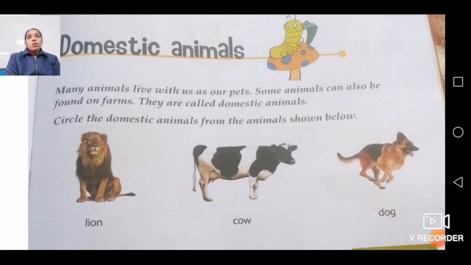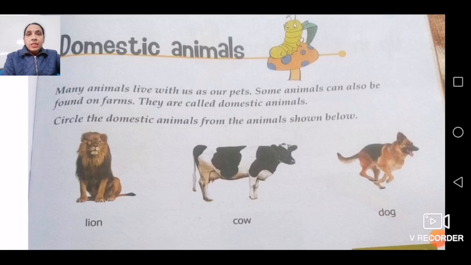Now dog serves as a pet animal, so we will not circle it, because pet animals live with us in our house. Can you keep a lion? Can you keep a cow at your home? No, it's not possible. For keeping a cow, you require an open area.